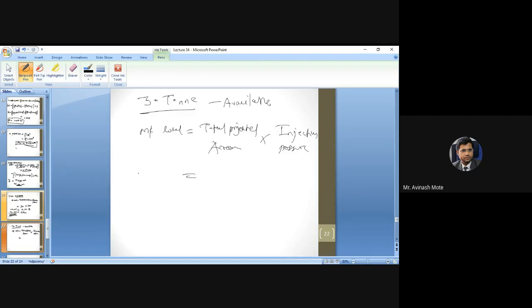Currently the machine load capacity available is 30 ton, which we can convert into kg. So the total projected area will be 30,000 divided by 700, which comes out as around 42.857 centimeter square.